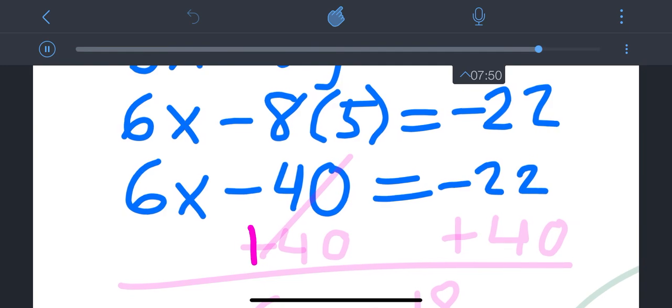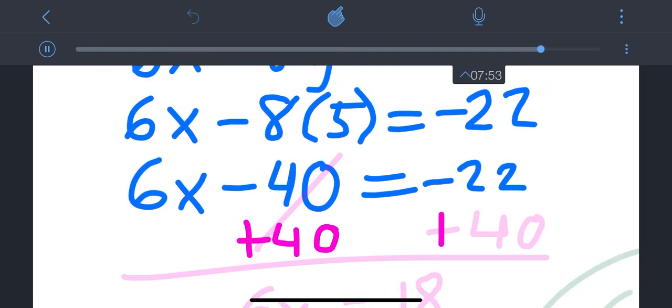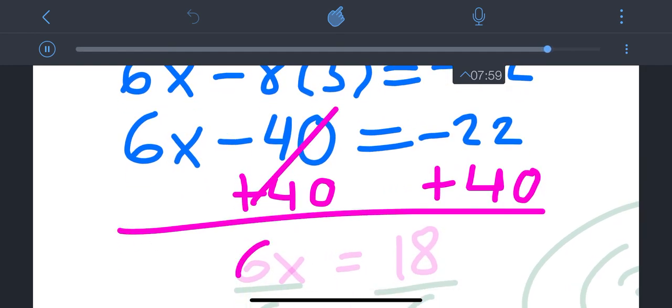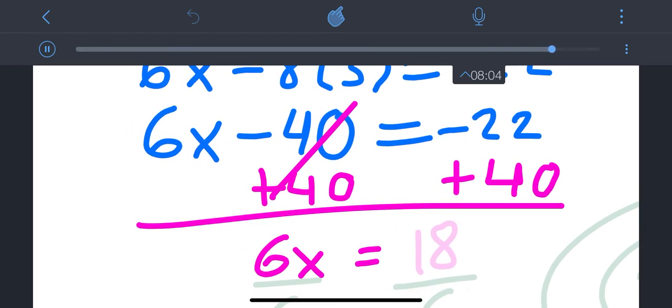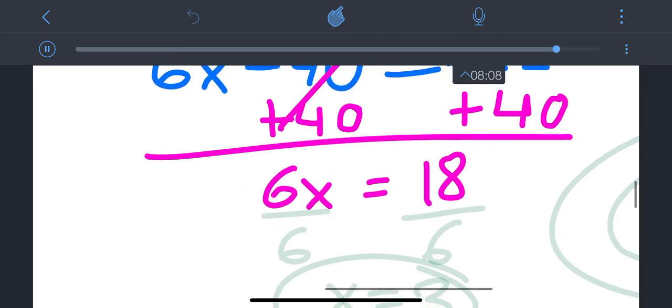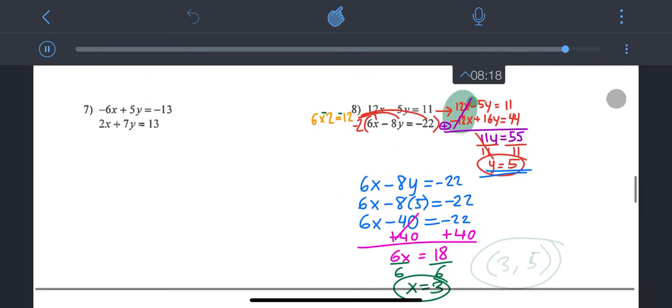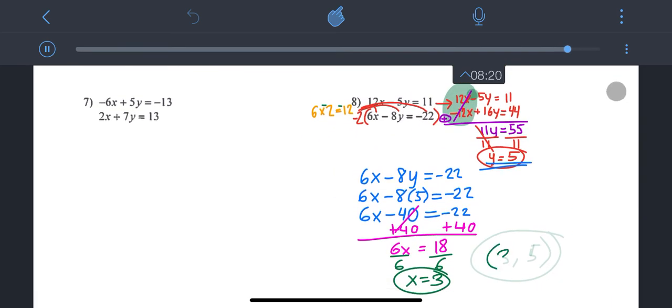We're going to add 40 to both sides. So that'll cancel. We get 6x equals -22 plus 40. That gets us 18. And then we divide by 6. We get x equals 3. Okay, so we have our two answers. We write them as a coordinate point. (3, 5).